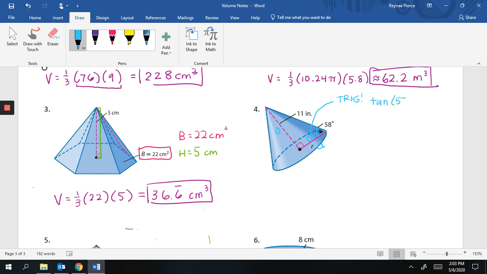Tangent of 58 is opposite over adjacent. So the radius times the tangent of 58 is 11, and we'll divide both sides by the tangent of 58. So our radius is about 6.87.